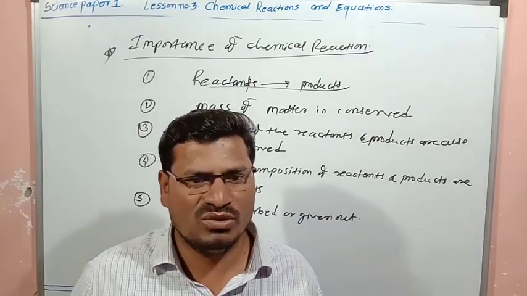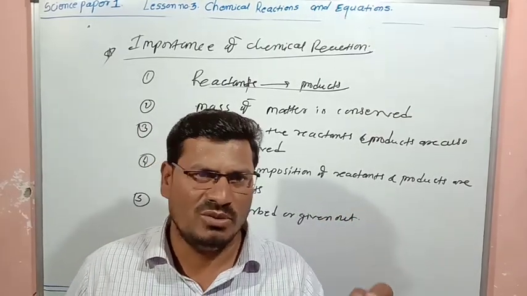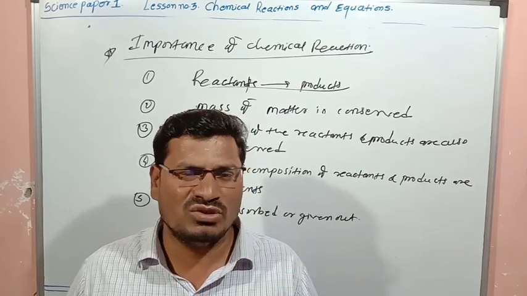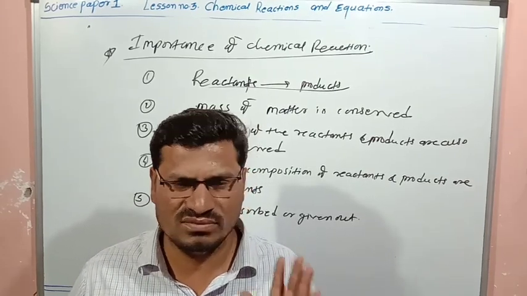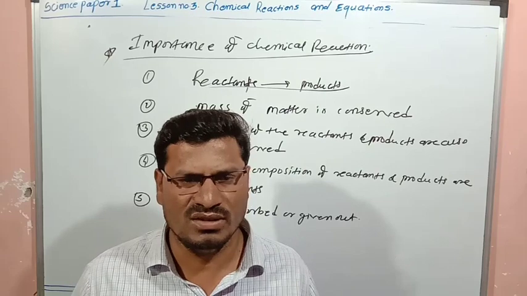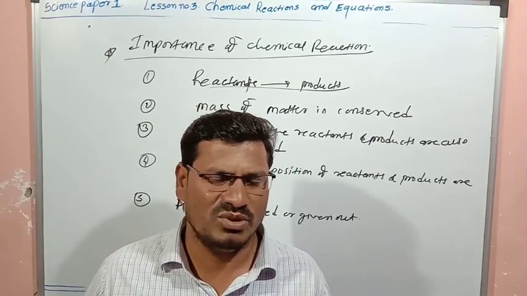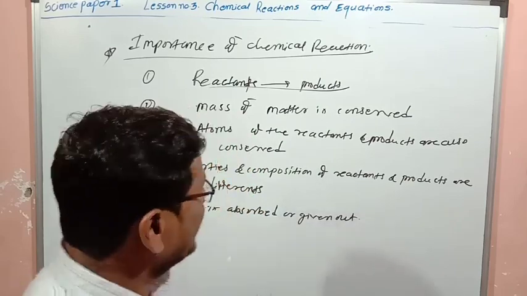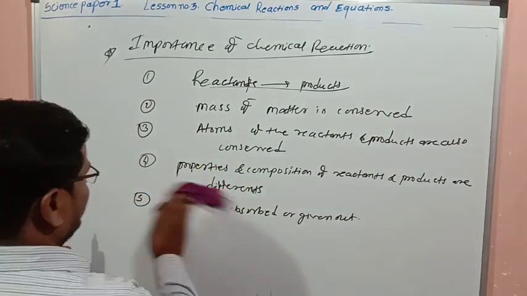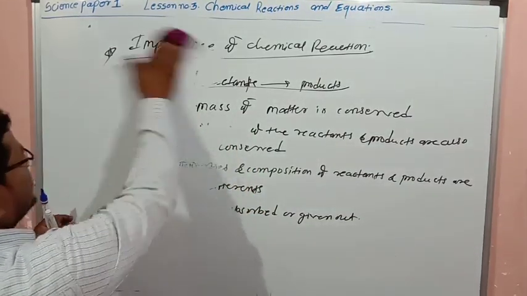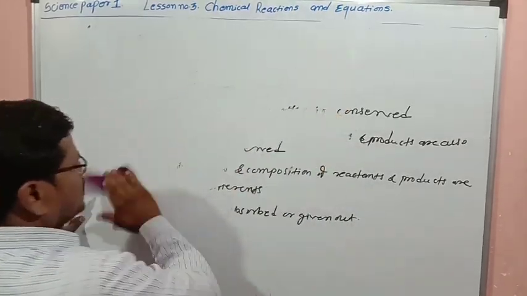After this, we are going to learn about one activity, how the law of conservation of mass works. Before this we have studied it. So one activity, one reaction we are going to study.